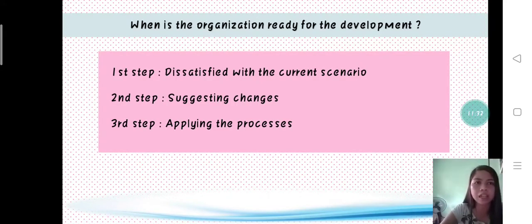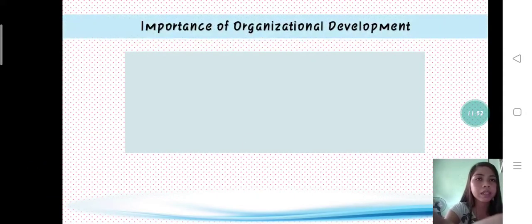So, after being dissatisfied with the current scenario and suggesting changes, then applying the process. The various policies and procedures are applied to help the organization respond to external as well as internal changes more effectively.